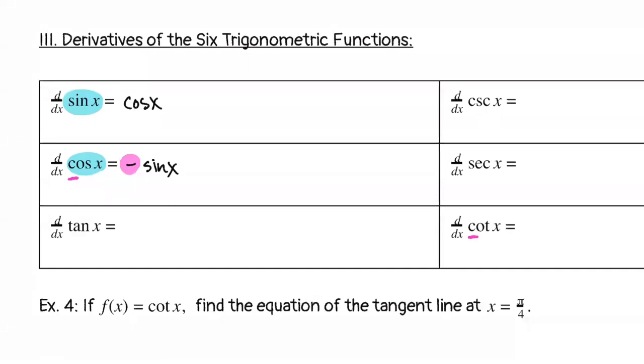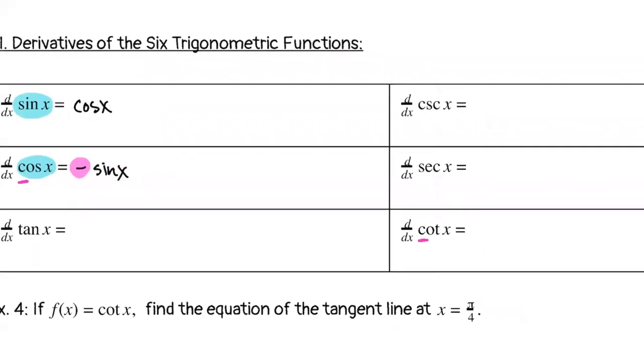And from above, we wrote that the derivative of cotangent is negative cosecant squared x. So this negative sign and this first letter being C is sort of an interesting pattern.